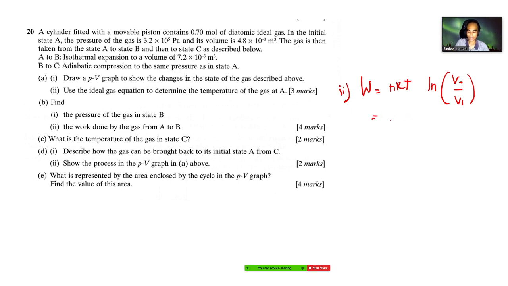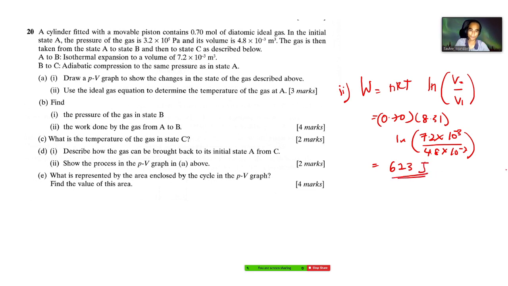So there you have n, 0.70, times 8.31, ln of 7.2 times 10 power of negative 3 divided by 4.8 times 10 power of negative 3. As a result, the answer will be 623 joule, 623 joule. Okay.